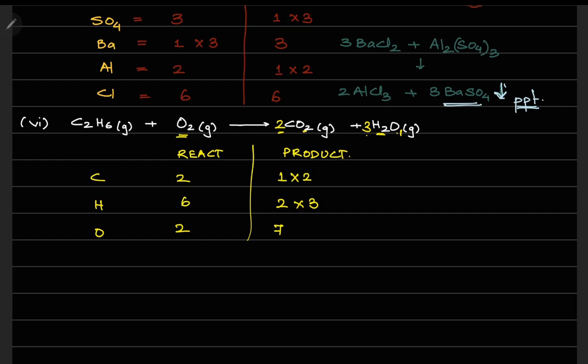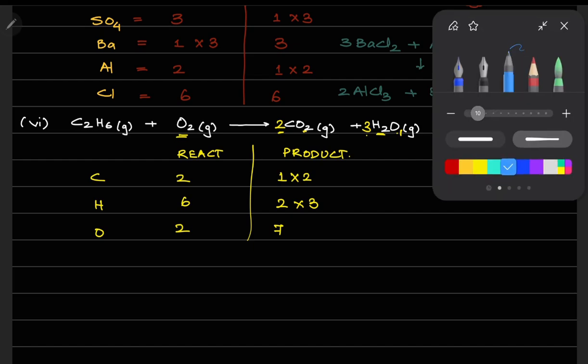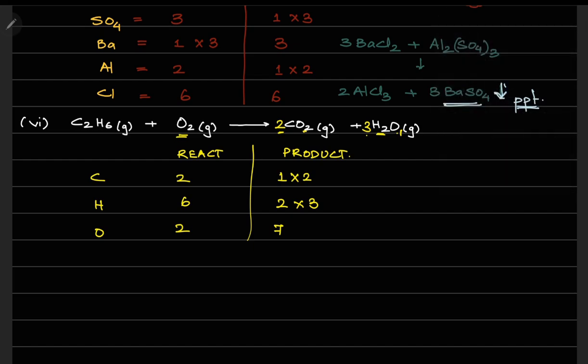So what can I do? Now let's try to understand. Important, again I'm saying listen very carefully. Let's see. So I have two options over here. The first option is I would multiply 7 with 2 by 7, so that 7 and 7 get cancelled off, 2 becomes equal to 2.